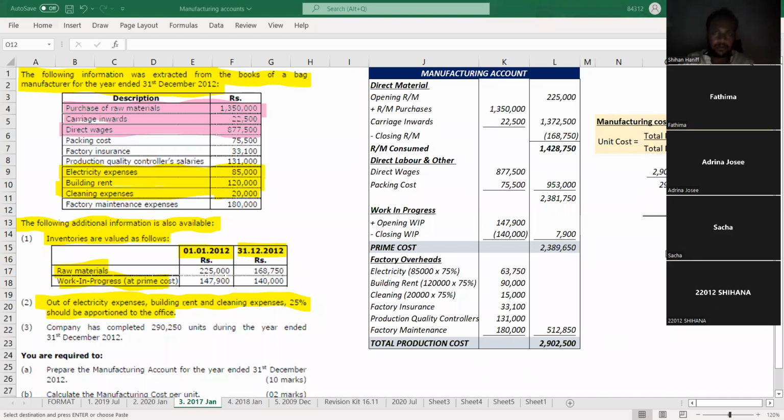So it's very simple. 10 rupees per unit. Right.